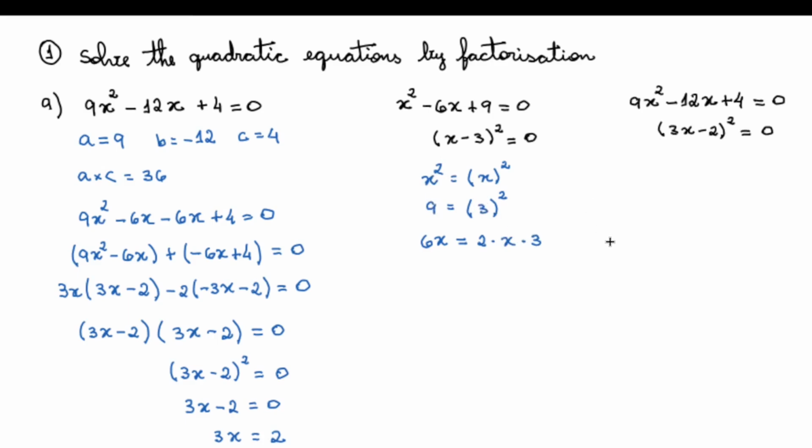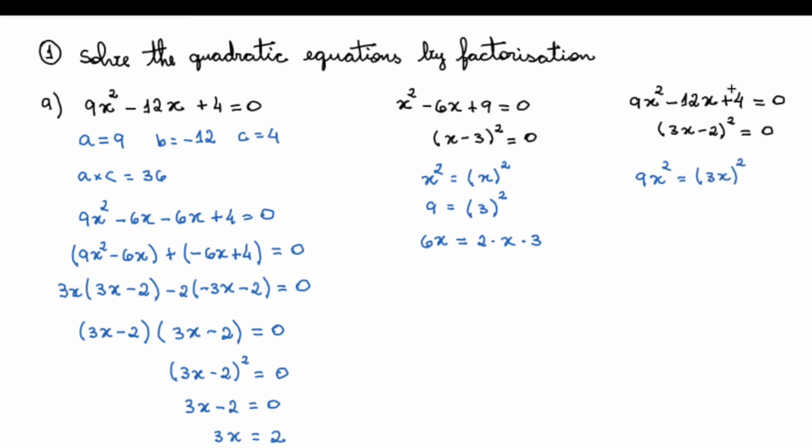Let's check it for the equation 9x² minus 12x plus 4 equal to 0, which is factorized to 3x minus 2 squared equal to 0. The first term, 9x², is the perfect square of 3x.